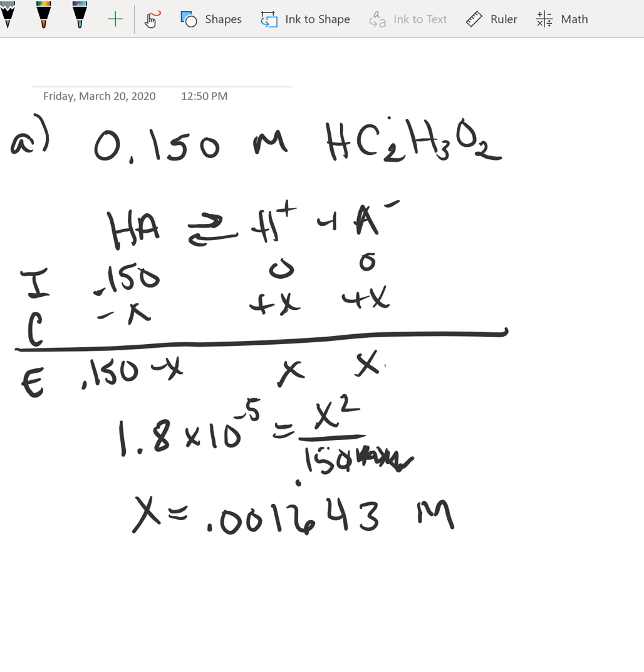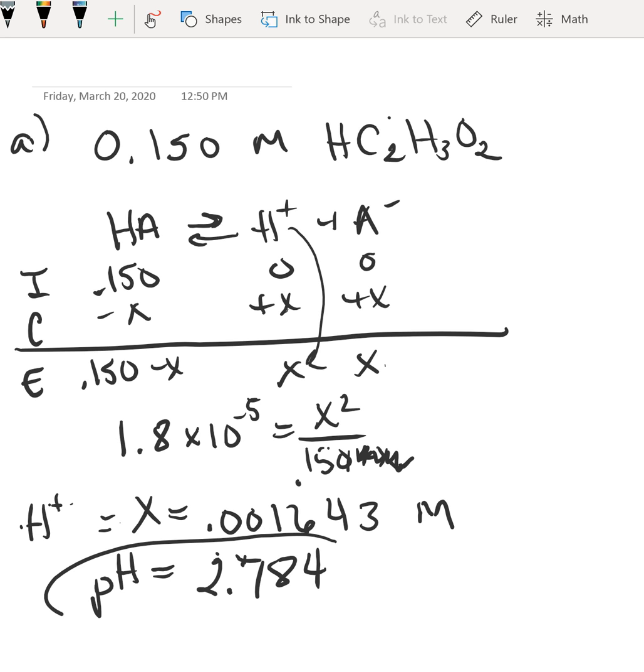Okay, so that's X, and according to my ice chart, X is my H plus. So to find my pH, negative log of that number, and that looks like I'm having 3 significant figures, so 3 decimal places, 2.784. So that would be a good pH for a weak acid.